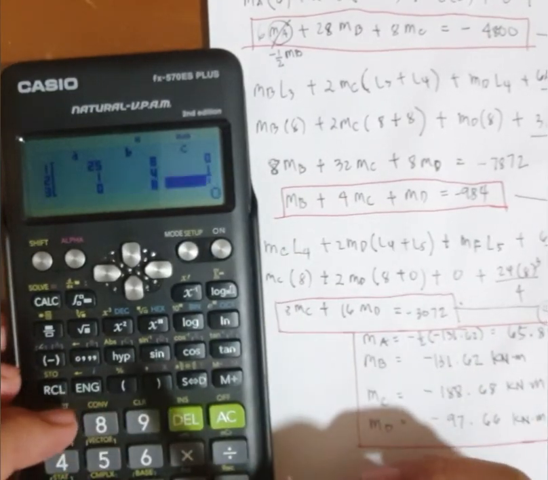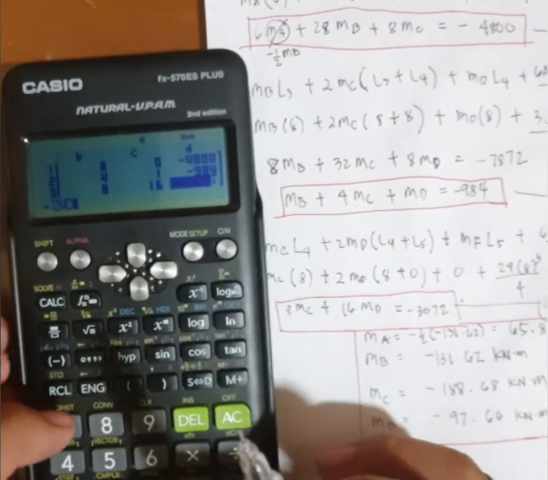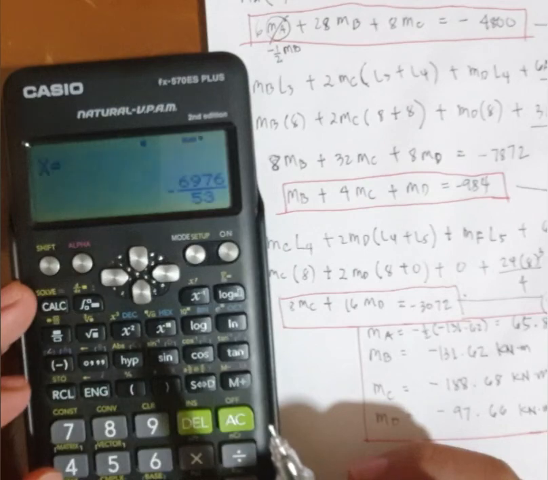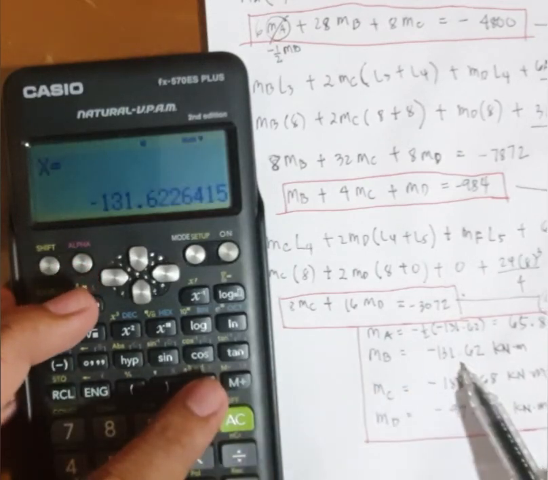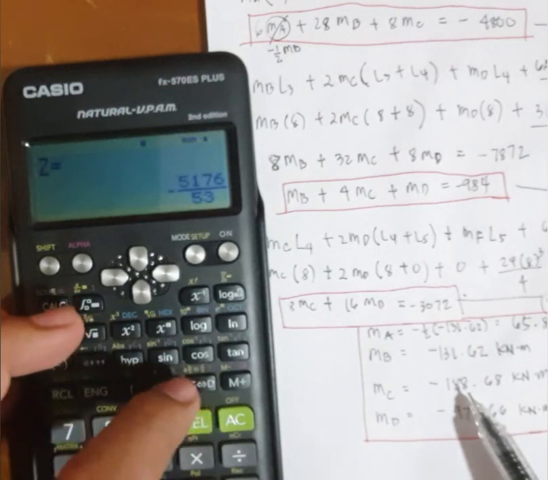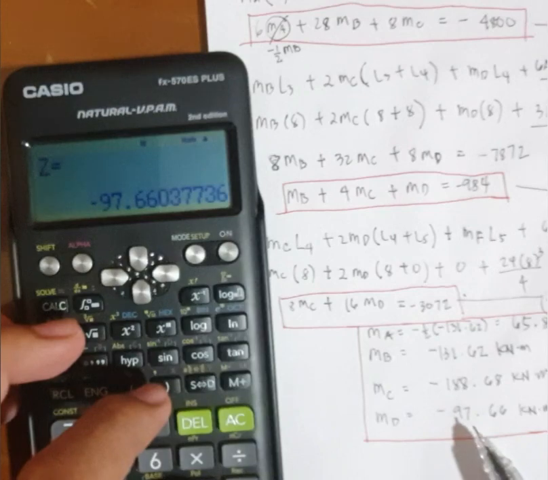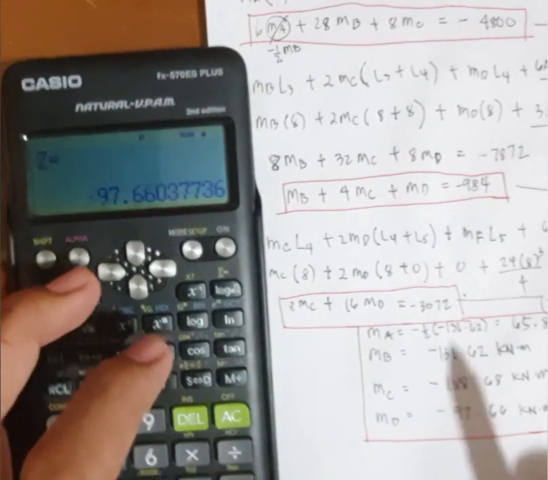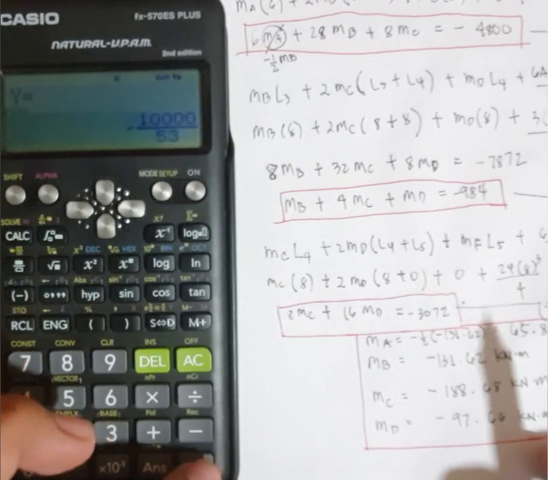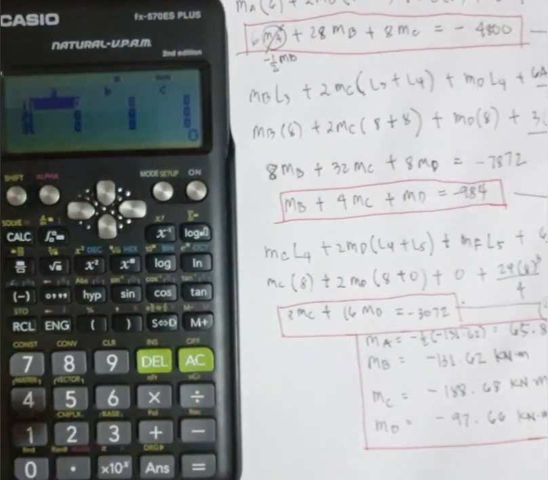MC is 8, MD is 16, negative 3072 for the constant. Moment at B is 131.62, negative 188, negative 97.66. Equals.